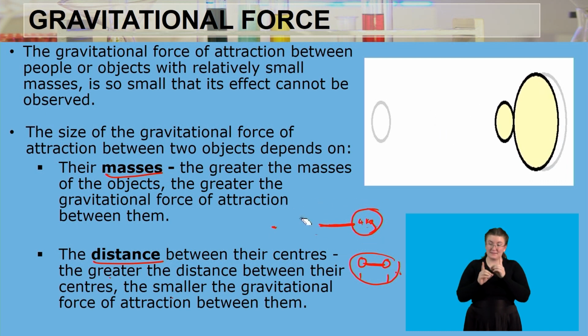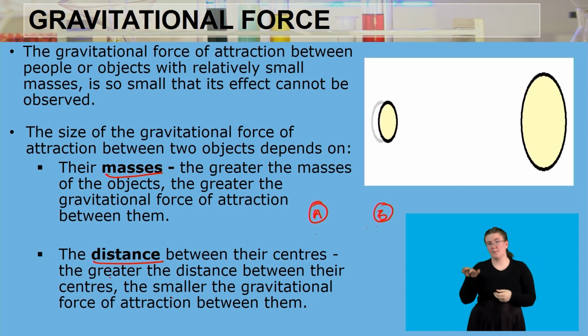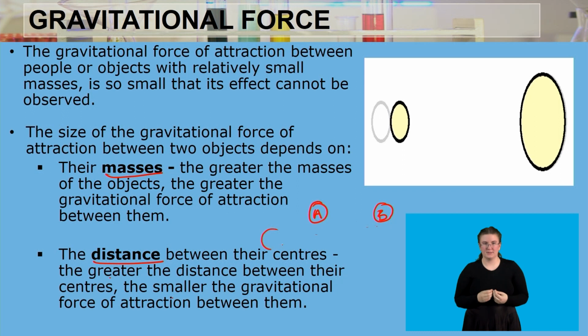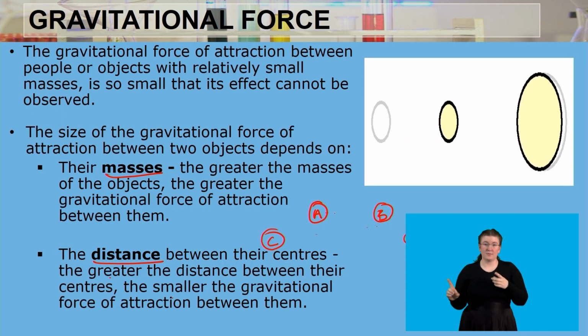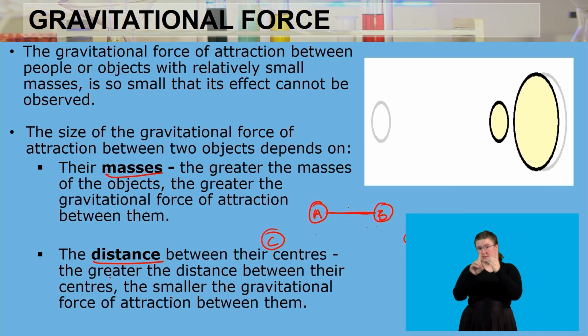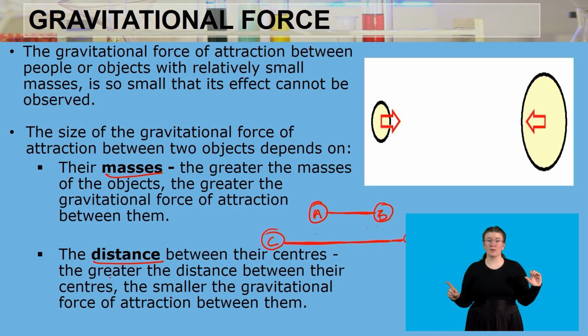However, with regards to the distance, the further the objects are away from each other, if we have object A here and object B there, and object C here and object D there, the distance between A and B is smaller than the distance between C and D. So the further the objects are away from each other, the smaller the force of attraction.